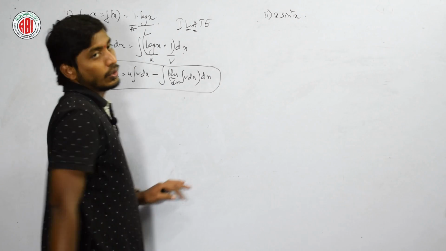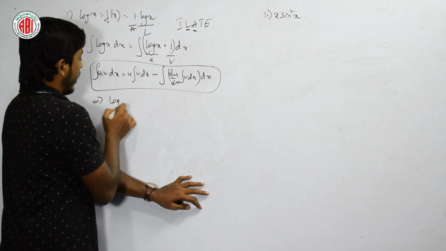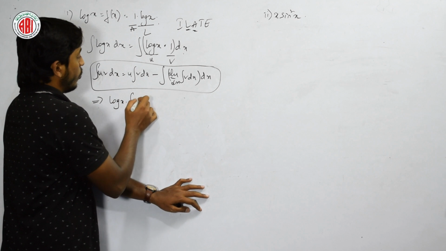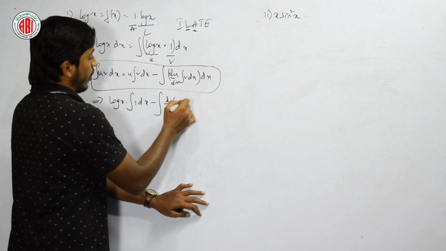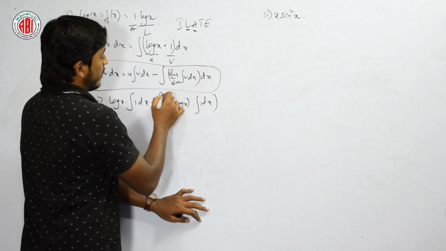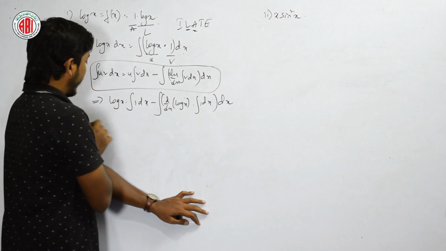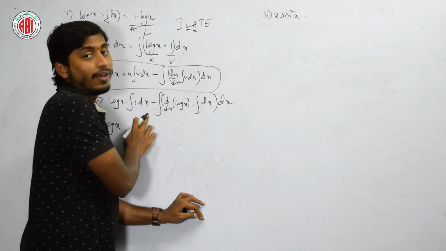So let us use this formula. That will be log x integral 1 dx minus integral differentiation of log x into integral 1 dx whole dx. Clear? Log x into integral 1 dx, what will it be?